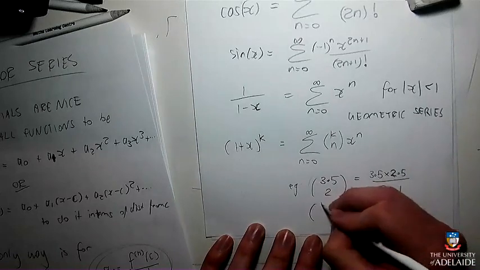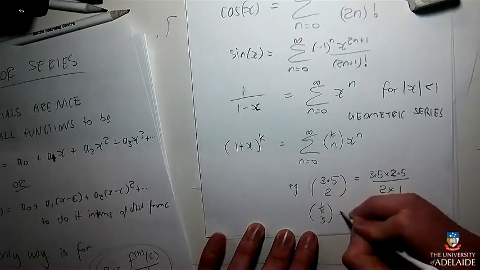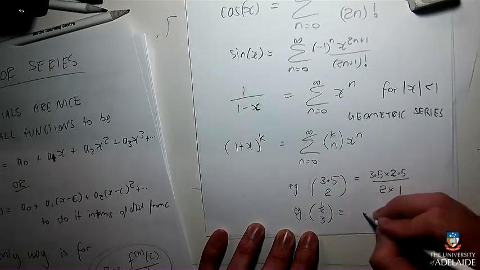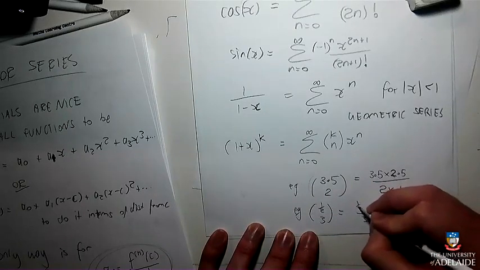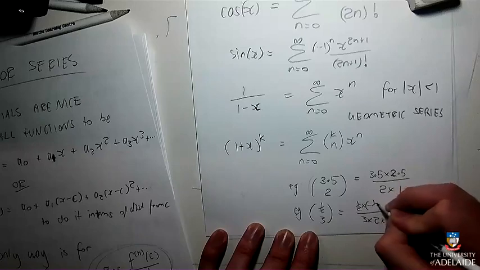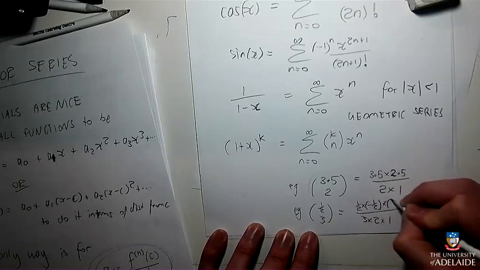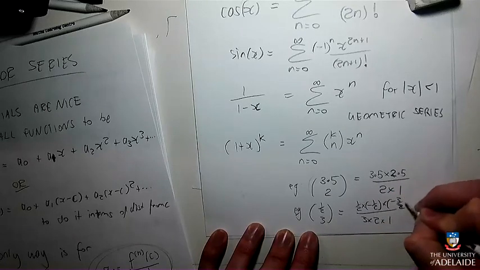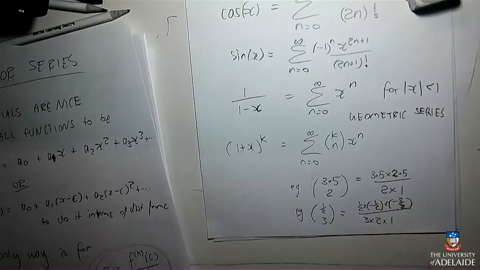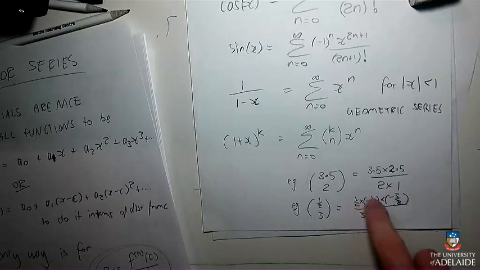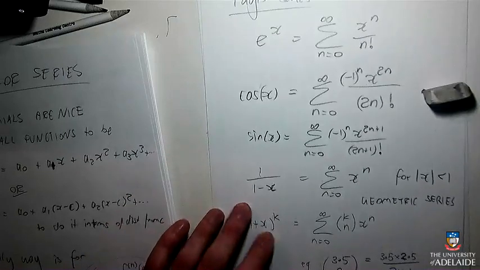And 1/2 choose 3 is 3 times 2 times 1 on the bottom, and on the top it has a half, and then you take off 1 so you get minus a half, and then you take off 1 so you get minus 3 on 2. And there are 3 pieces here just as there are 3 pieces here. And these go down by 1, and these go down by 1. These are the series in your neighbourhood.